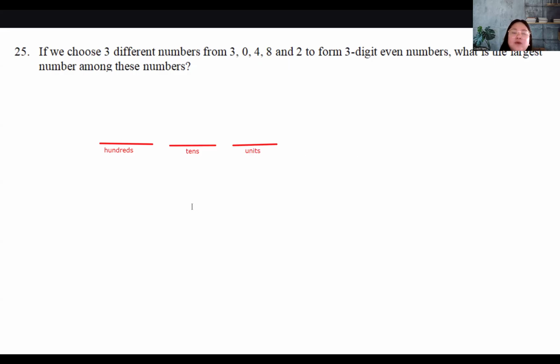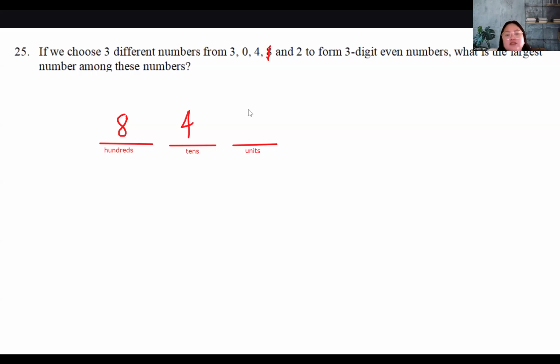Okay? Now, you want the largest. So, if you want the largest, you need to put the largest number in the biggest place value. So, that means the largest digit here is 8. You got it? So, this is done na. Now, what's the next number? The next largest is 4.